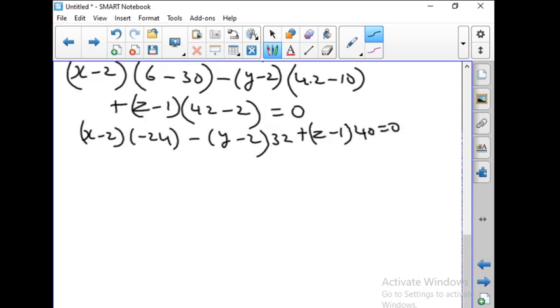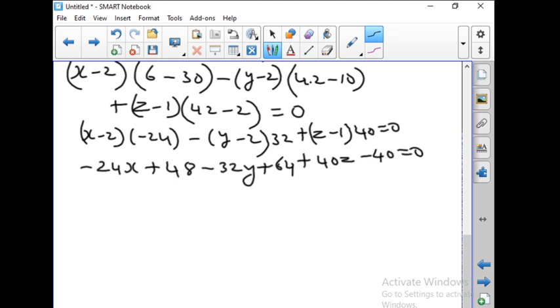So expand this: minus 24x plus 48 minus 32y plus 64, plus 40z minus 40 is equal to 0. So it is minus 24x minus 32y plus 40z, plus 48 minus 40 will give you plus 8, plus 8 and 64 will give you 72, is equal to 0.